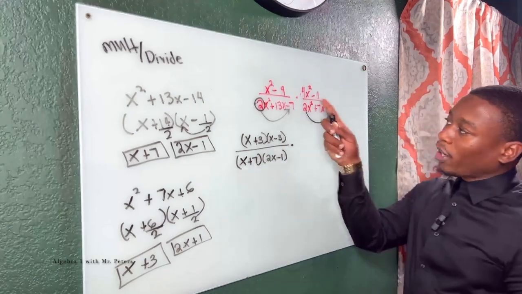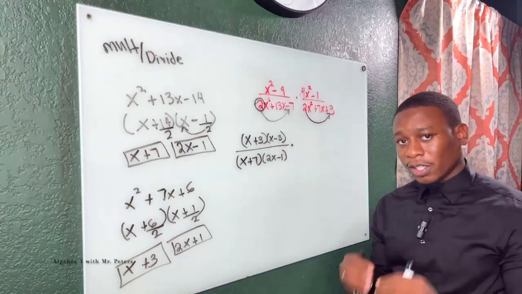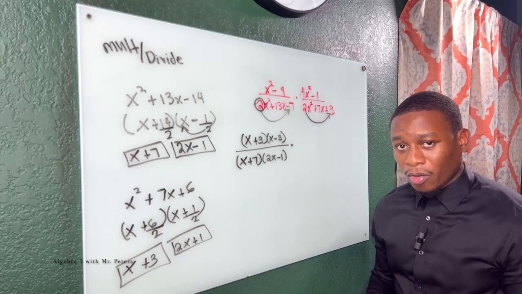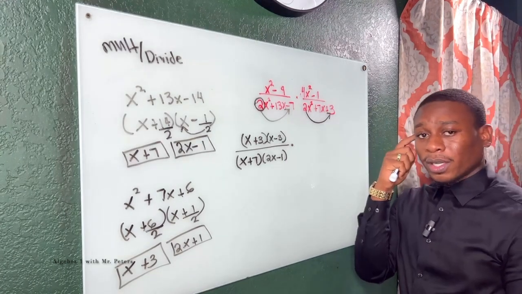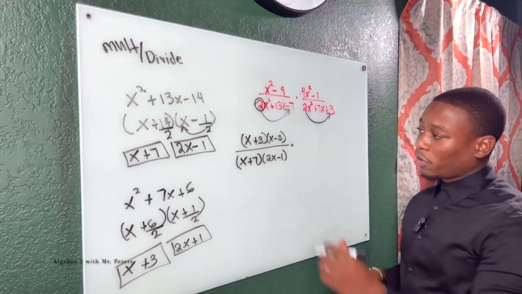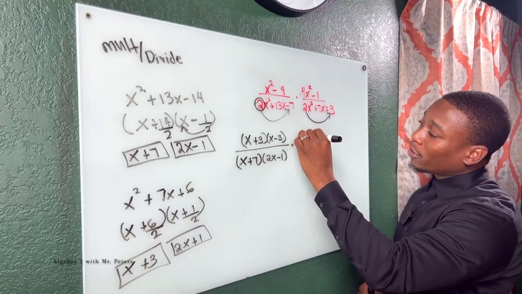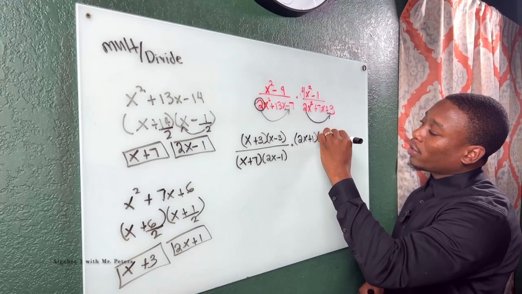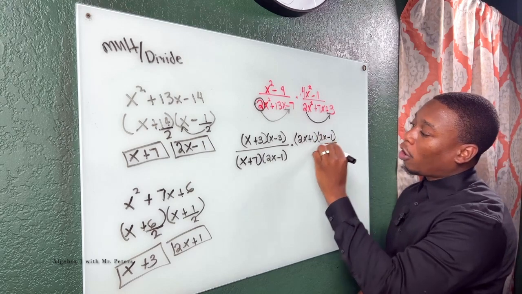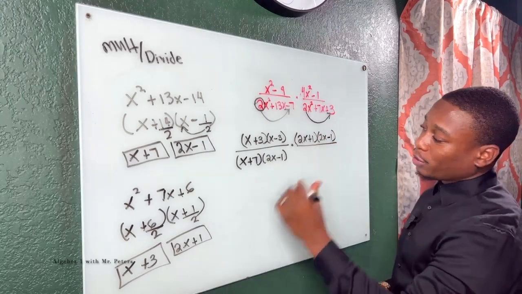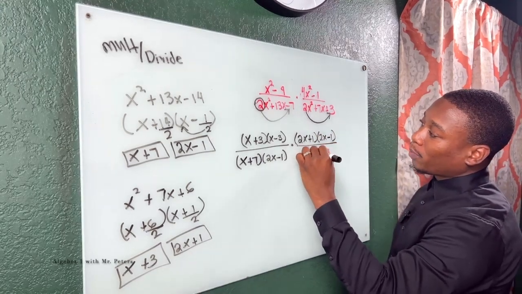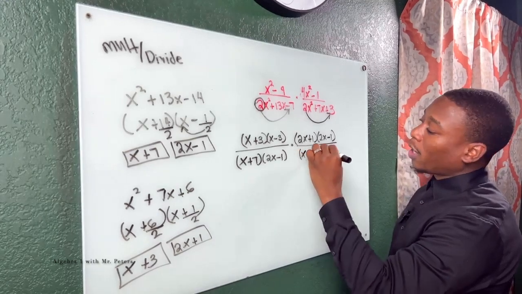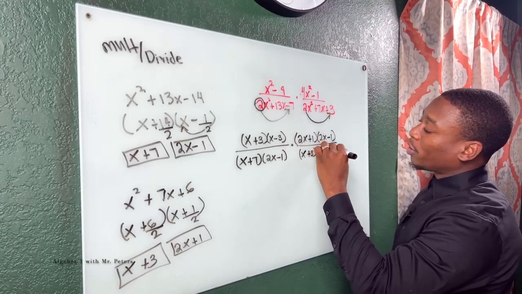So 4x squared minus 1, this is the difference of squares as well, right? I know when you see 1, we don't always think perfect square, but that is a perfect square. And it breaks down to 2x plus 1 multiplied by 2x minus 1 all over. And then here are our last two factors.